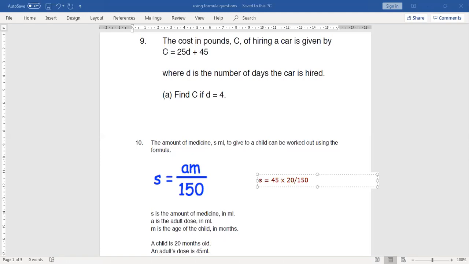So really we're doing this bit first. 45 times 20, which I think is 900, and then you divide 900 by 150, which is 6 ml. I think that's right. So the amount of medicine the child will need is 6 ml. So again, AM just means A multiplied by M, which is 45 times 20, divided by 150. So really the formula shows you how to do the sum.